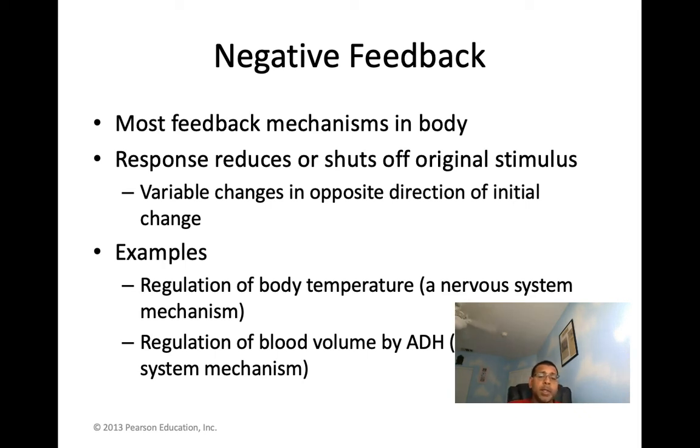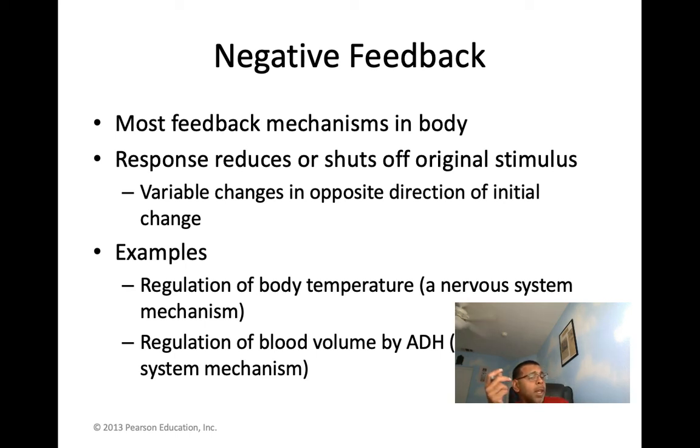In these systems, the output shuts off the original effects of the stimulus, or we say it reduces its intensity. These mechanisms cause the variable to change in a direction opposite to that of the initial change, returning it to its ideal value. Thus, the name negative feedback.